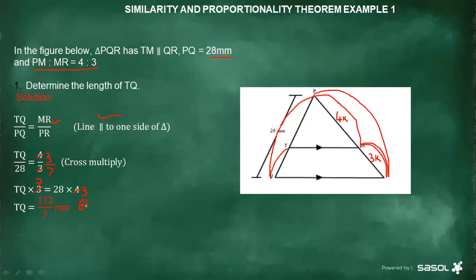Remember, we are in need of TQ, so we have to divide both sides by 7. 84 divided by 7 equals 12 millimeter.